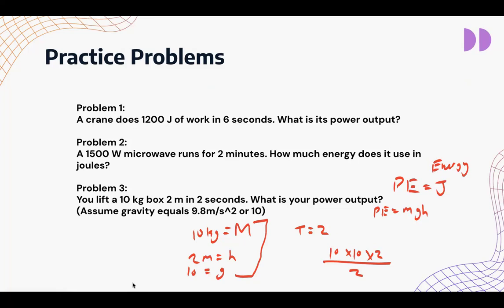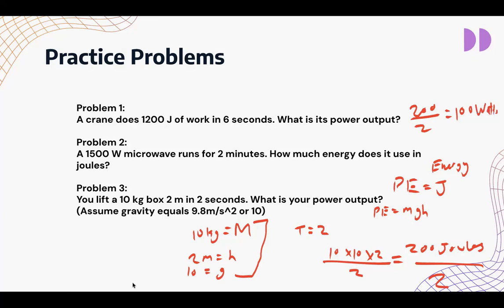So 10 times 10 times 2 is equal to 200 joules, right? But remember, watts is equal to joules over time, right? So then you just get 200 over 2 equals 100, right? So you just get 100 watts, or 100 joules per second.